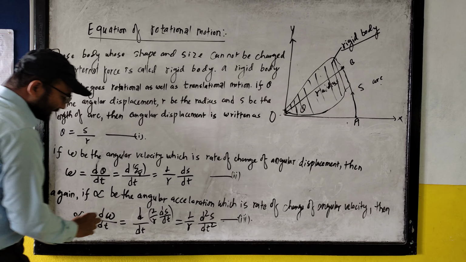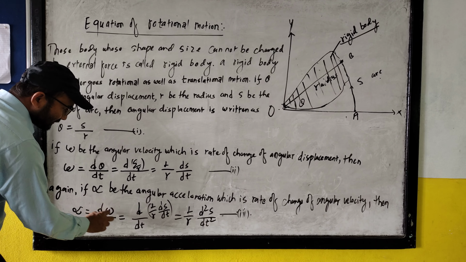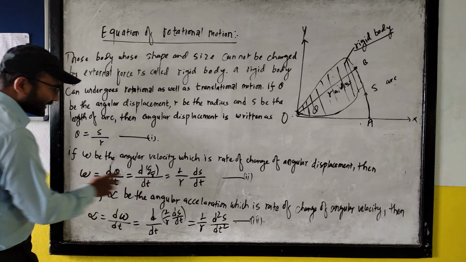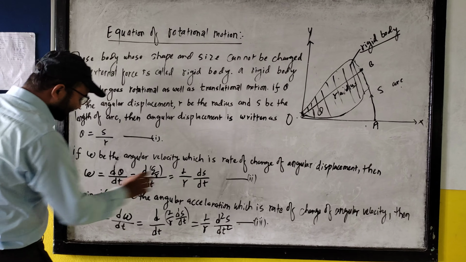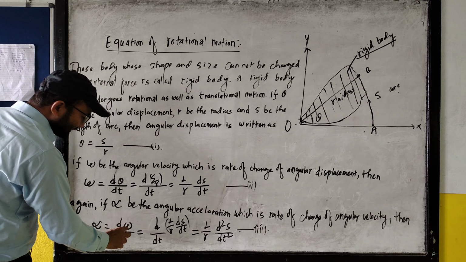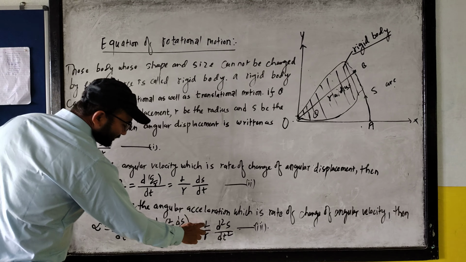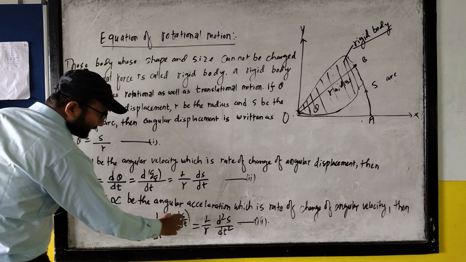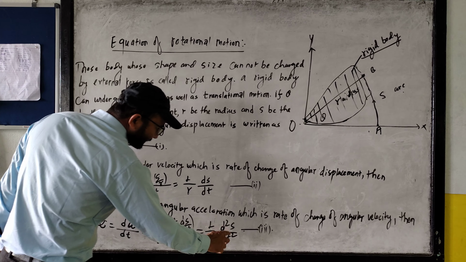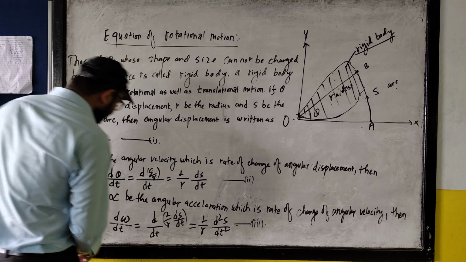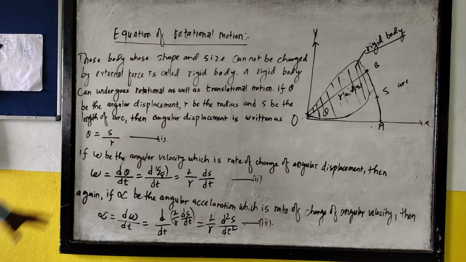In place of omega I write 1 by r ds by dt, because omega equals 1 by r ds by dt. 1 by r is common, so we get 1 by r, and d square s by dt square. This way we have written equation 3, which is for the angular acceleration.